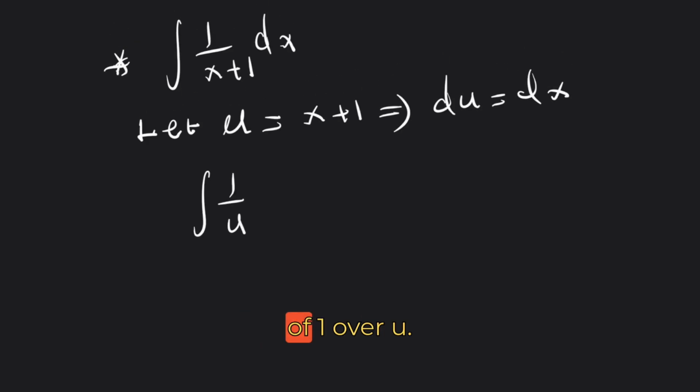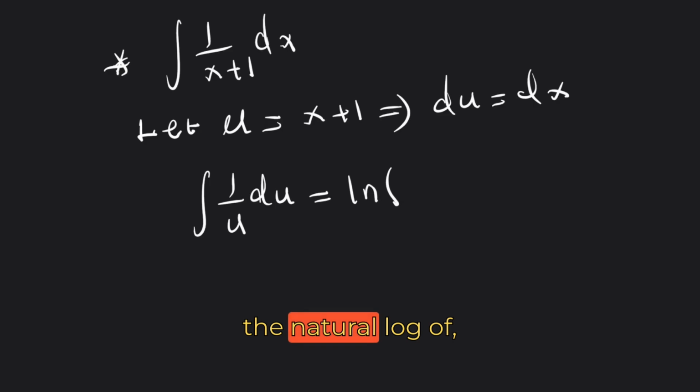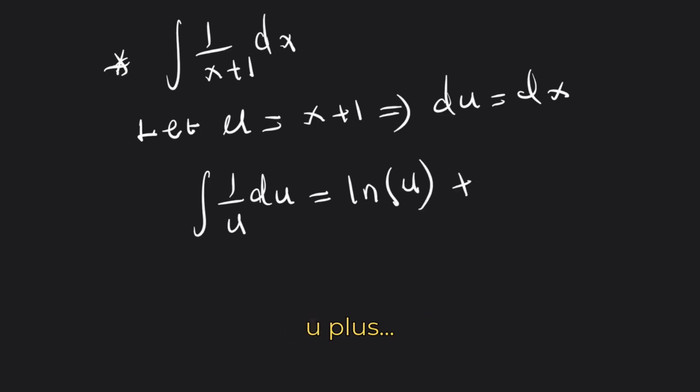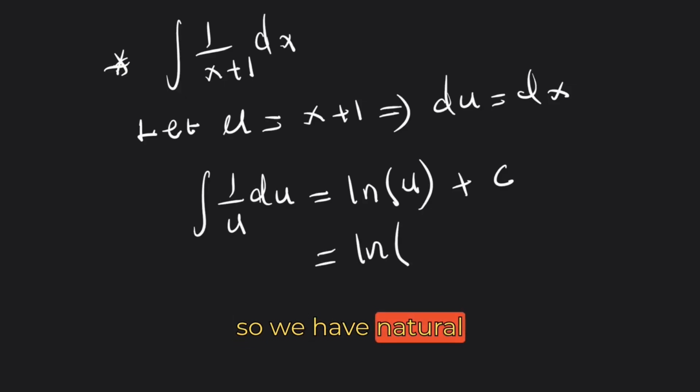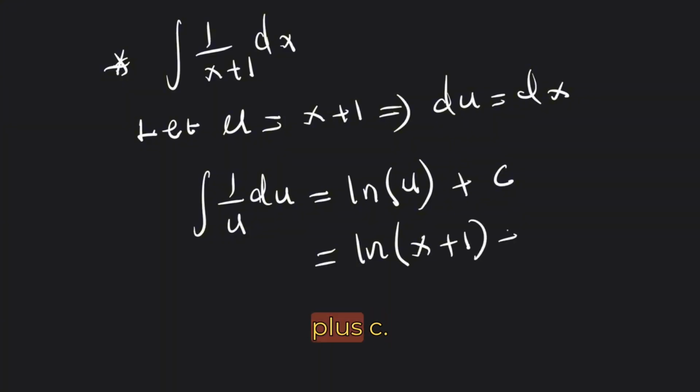So this is the integral of 1 over u du, and this is just the natural log of u plus c. But we know what u is here, so we have natural log of x plus 1 plus c.